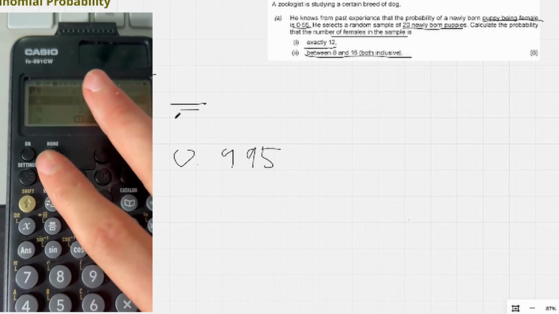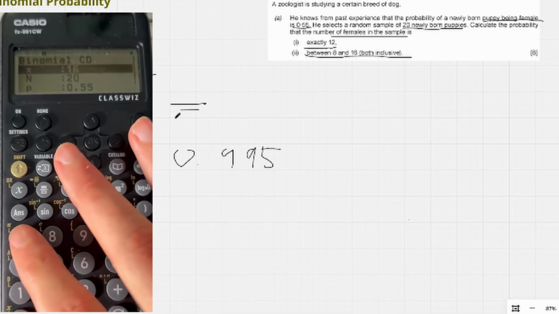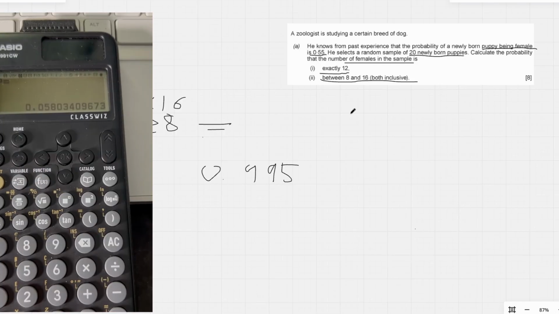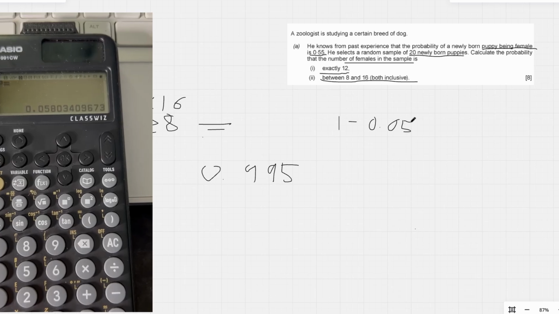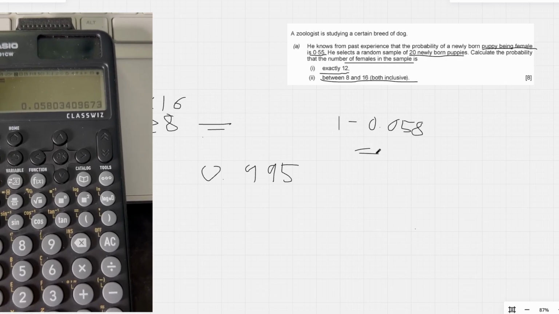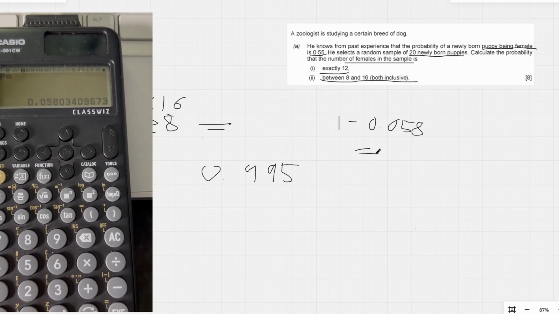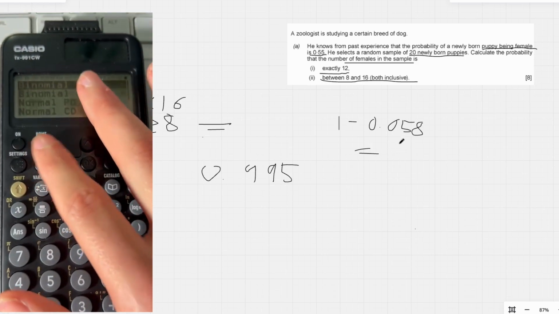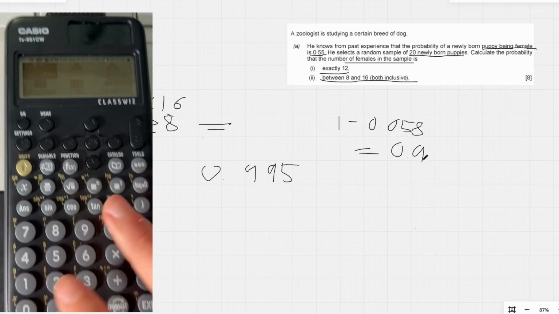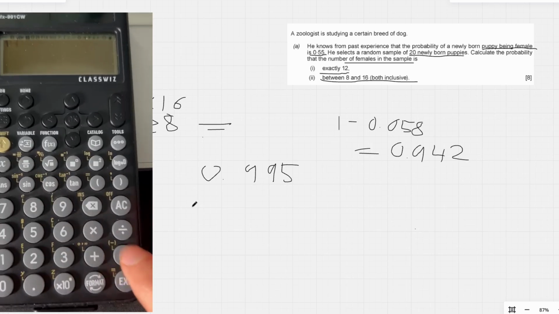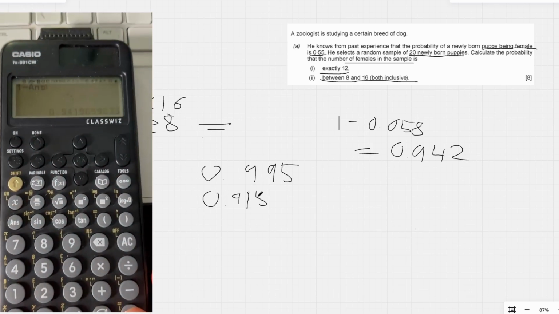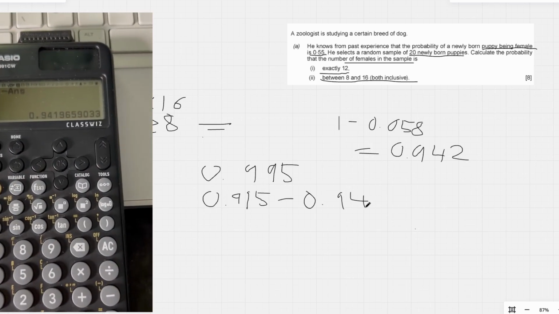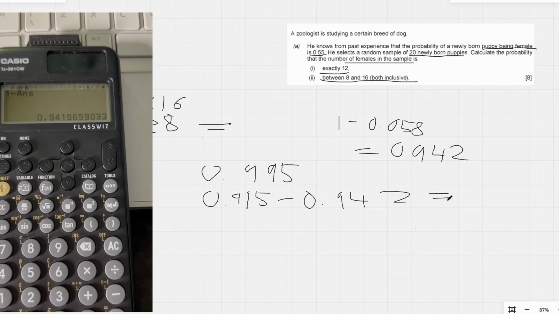And then we have our next number, which is x being greater than or equal to 8. So what we need to firstly do is work out x less than or equal to 7, with 0.55. And then doing 1 minus the answer, this will give me the probability of x being greater than or equal to 8.